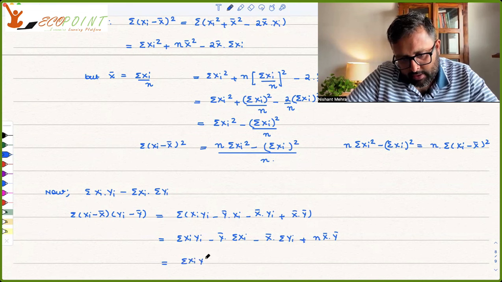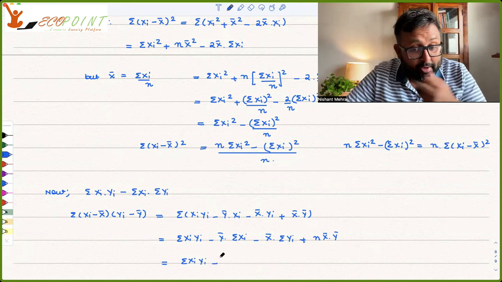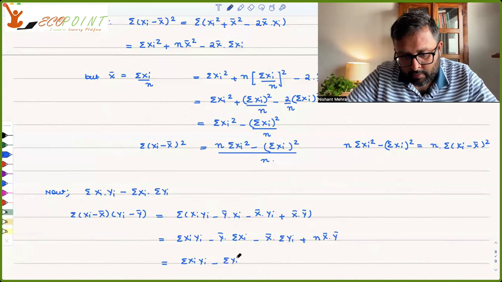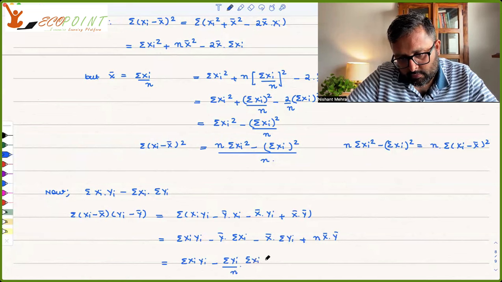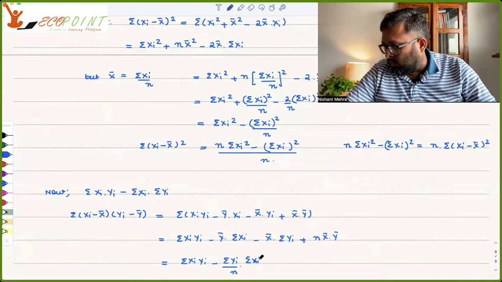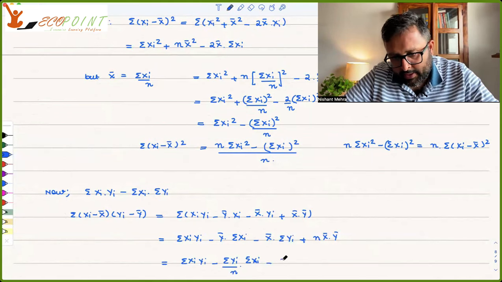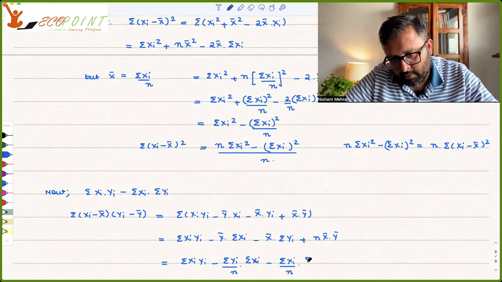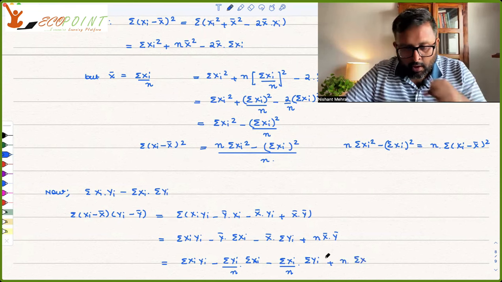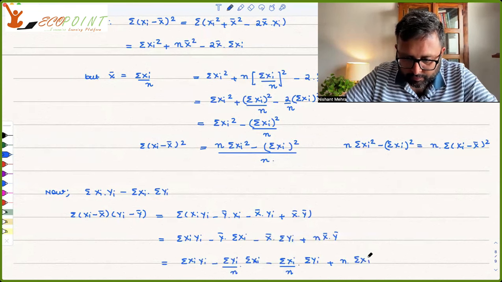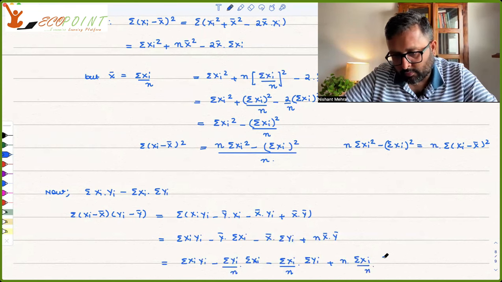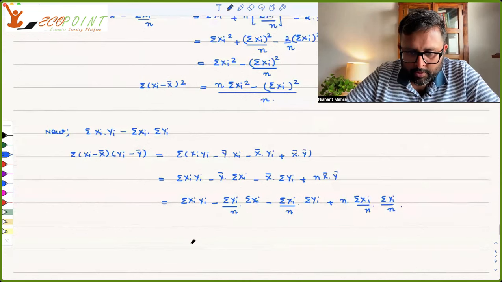Summation of xi yi minus, in place of y bar, summation of yi upon n. Sorry, in place of x bar, minus summation of xi upon n. Okay.